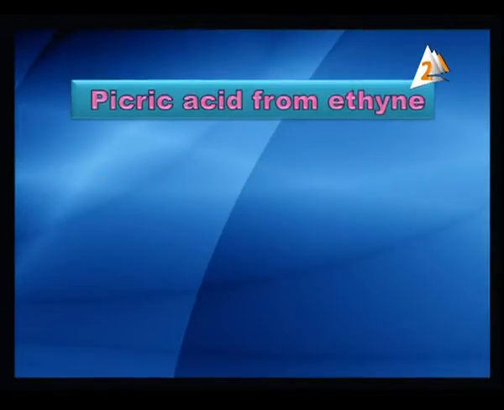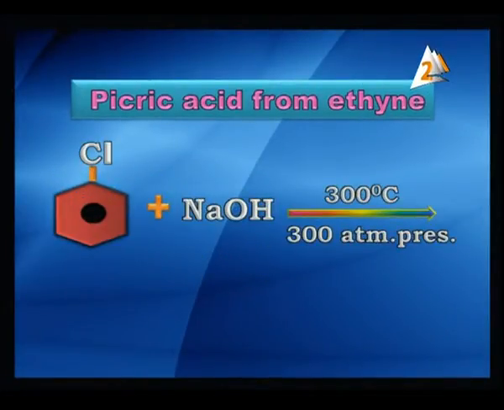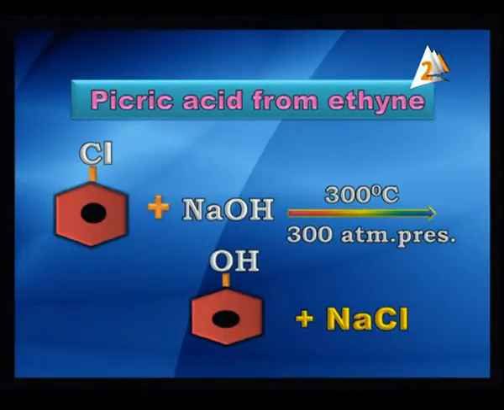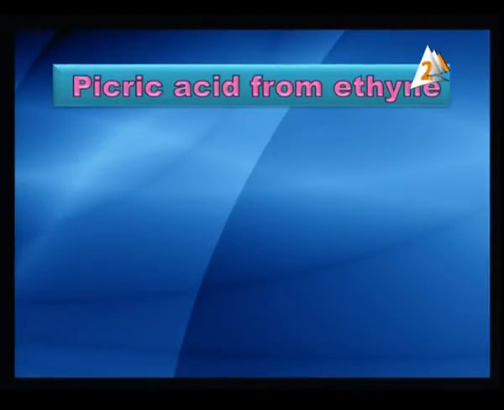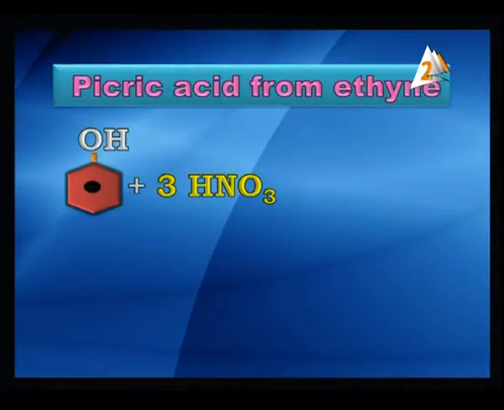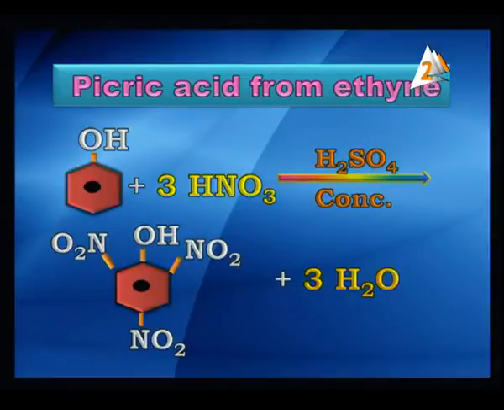Then chlorobenzene on alkaline hydrolysis by sodium hydroxide at 300 degrees Celsius and 300 atmospheric pressure gives phenol and sodium chloride. Then phenol on nitration reacts with conc nitric acid in the presence of conc sulfuric acid, giving 2,4,6-trinitrophenol, which is picric acid, and 3 molecules of water are produced.